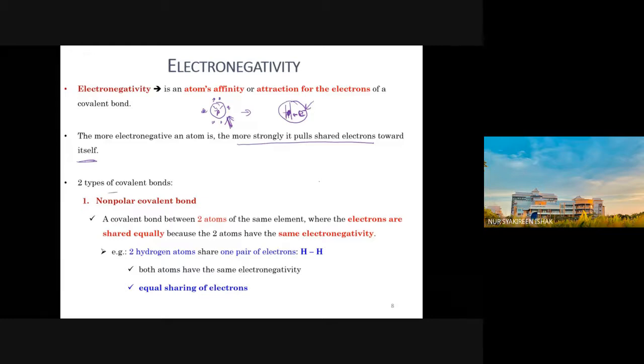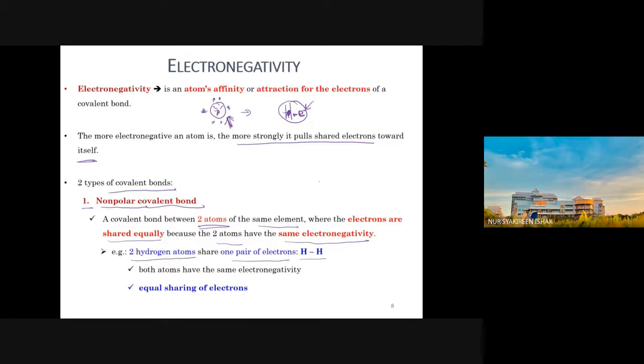So there are two types of covalent bonds. The first is the non-polar covalent bond, and the second type is polar covalent bond. A non-polar covalent bond is a covalent bond between two atoms of the same element where the electrons are shared equally because the two atoms have the same electronegativity. For example, two hydrogen atoms share one pair of electrons in a hydrogen molecule.